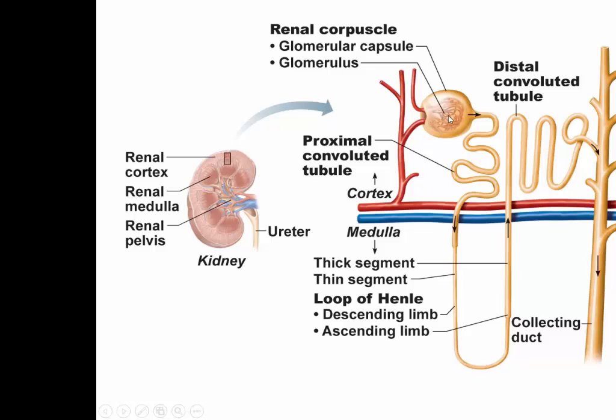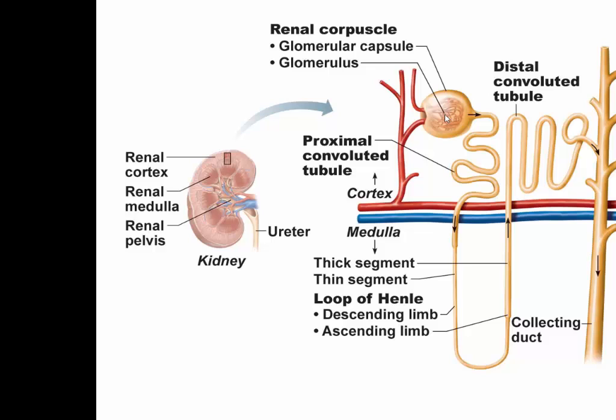So the glomerulus is this tuft of capillaries here. And it has an arteriole, which is a small artery, that enters into the glomerulus, and then there's an arteriole that leaves the glomerulus. So notice that they're both red. So this is the only capillary bed in the human body that has 2 arterioles, one on either side.